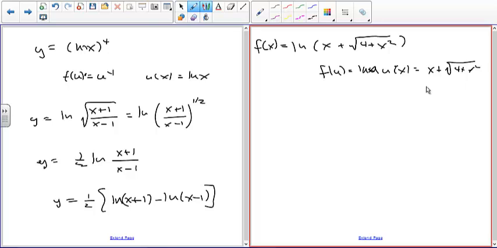We're not going to work it out, but the reason I put it in there is that it is a fairly complicated argument in the natural log, but there are no properties of logarithms that we can use, because we're adding stuff, and the square root is only over part of the expression. Some people may mistakenly do something like this, which is wrong, so don't write it down. They get carried away with properties of logarithms. If it was x times the square root of 4 plus x squared, then you could. But because of the plus sign, you can't do anything like that.